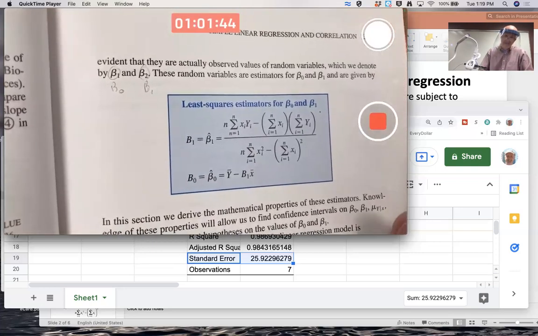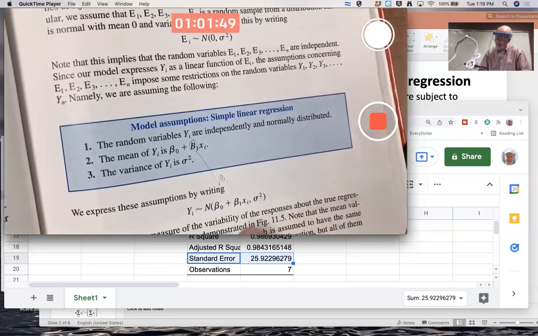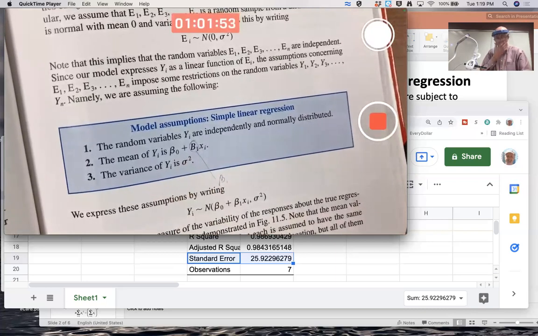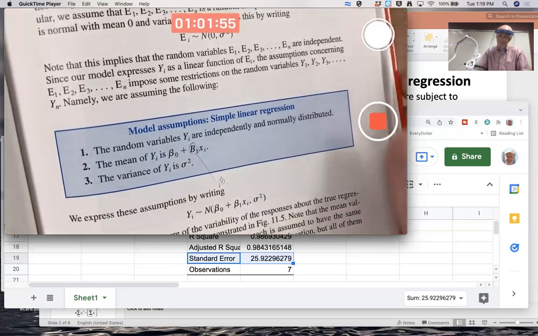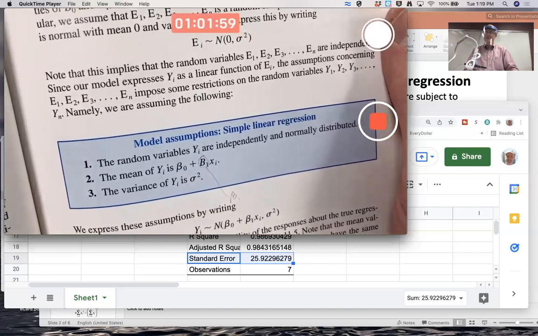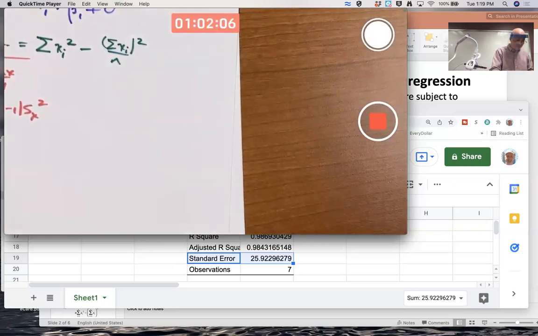It's page 387. Another typo at the bottom of the page. That capital B1 should be a beta 1. Lots of weird little typos here and there. Not expecting you to remember that necessarily. Just realize when you read the beginning of 11.2, there are some typos. And so if something doesn't make sense, maybe it's because it's a typo.